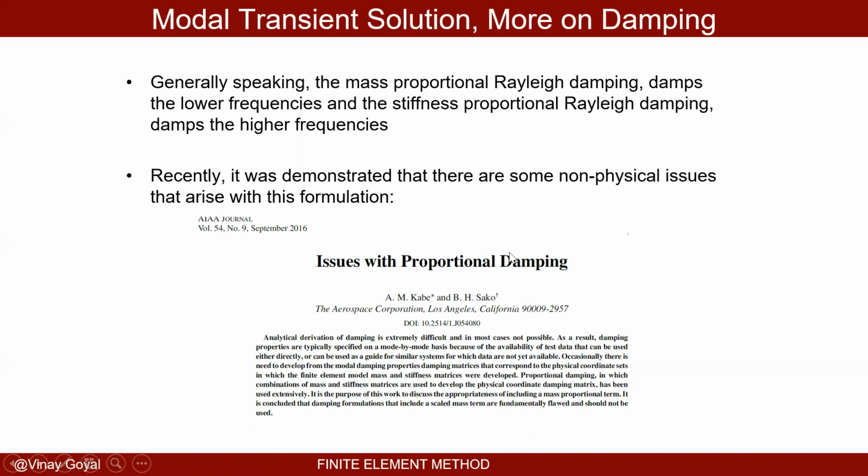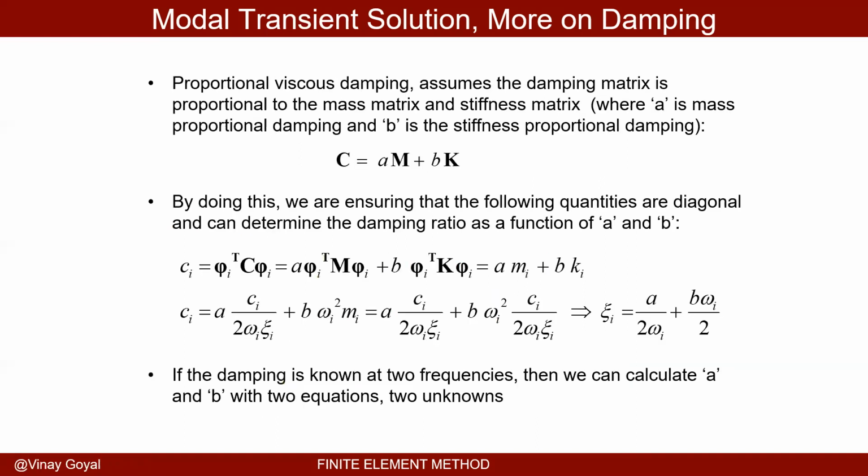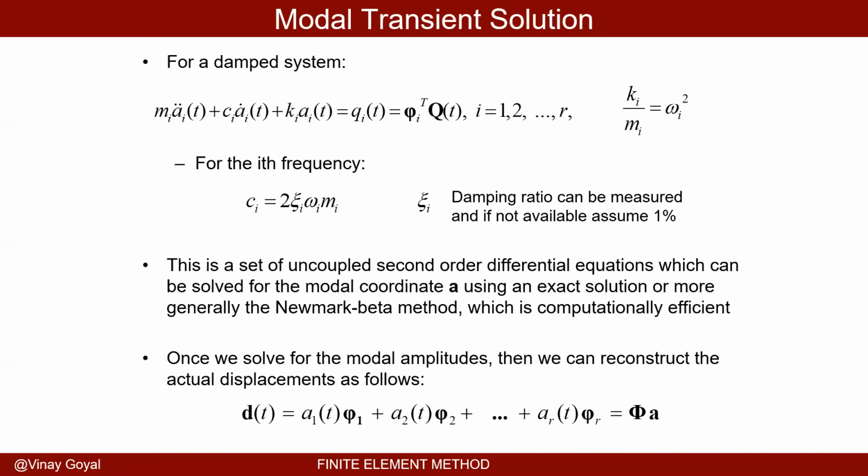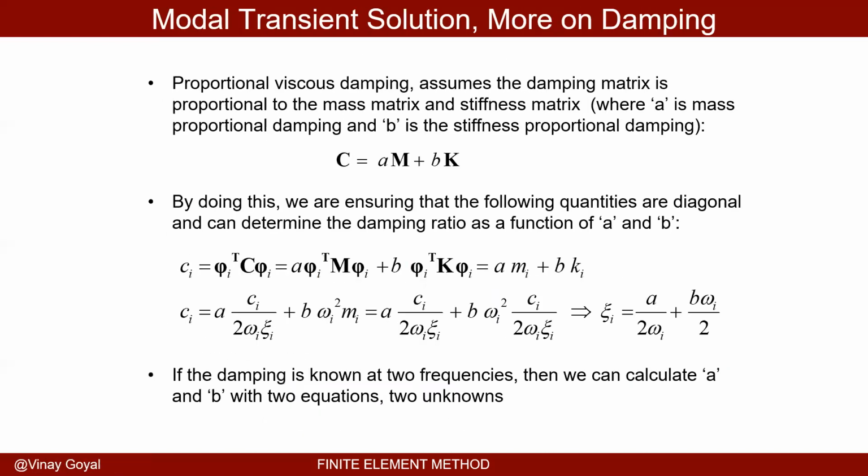As a consequence, I point you to this particular paper to read about the issues with proportional damping. However, it has been used quite extensively, so I don't want to say don't use it, but keep these things in consideration. The better approach is to directly measure it and then plug it directly into this equation, in the uncoupled equation.